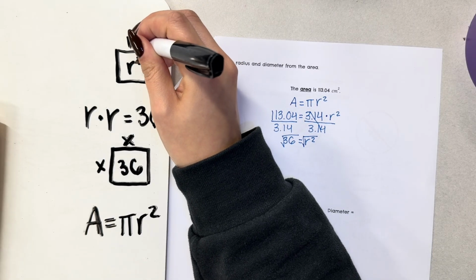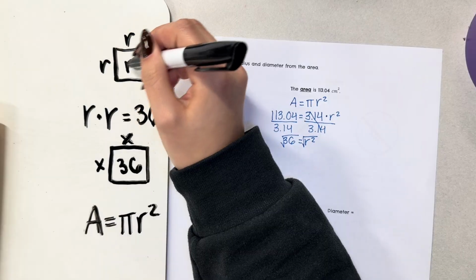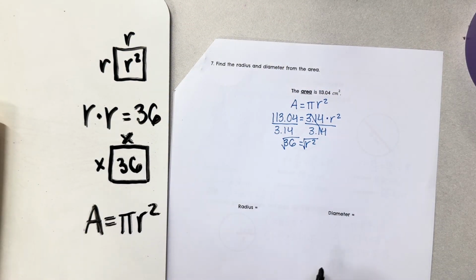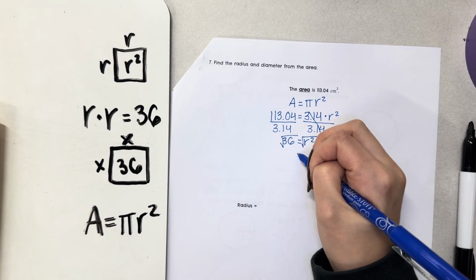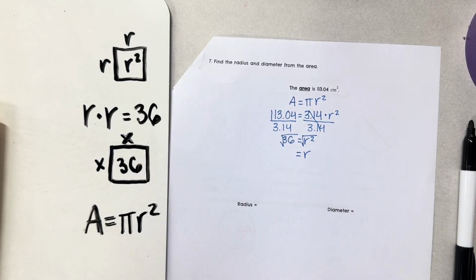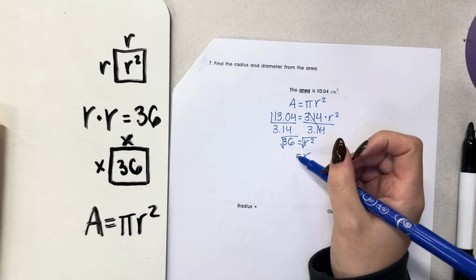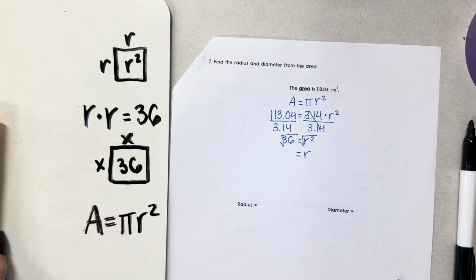Well, I could tell you r times r gets me an area of r squared. So when I take the square root of r squared, I'm just left with r. r times r gets me r squared.